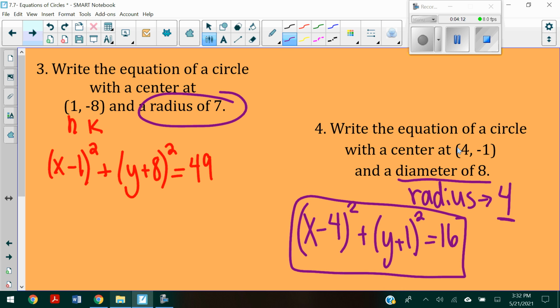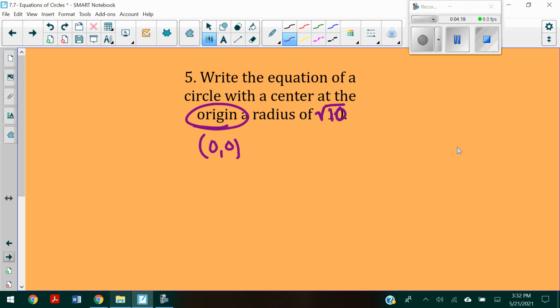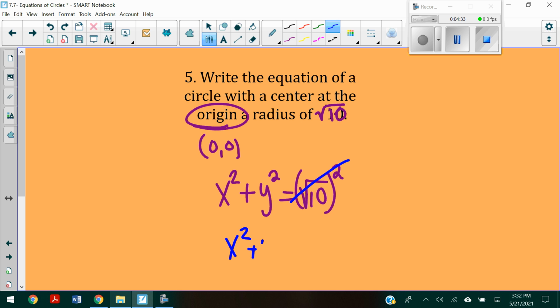We don't need that minus 0, minus 0. So we're just going to have x squared plus y squared equals our radius squared. Our radius is the square root of 10, and we're squaring it, so those cancel. We end up with x squared plus y squared equals just 10.